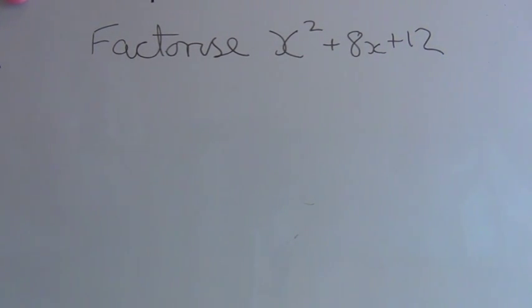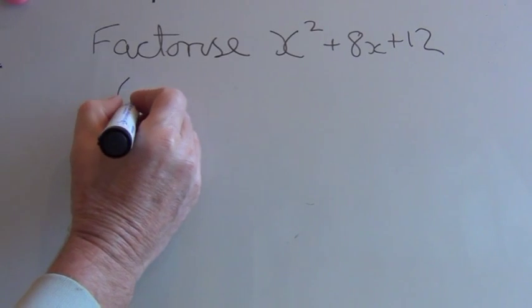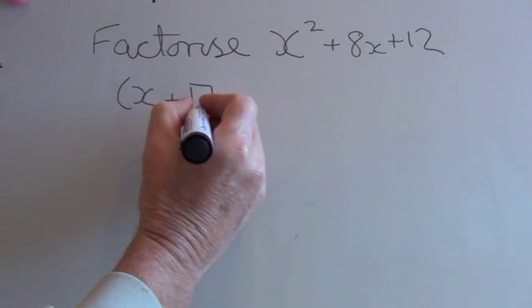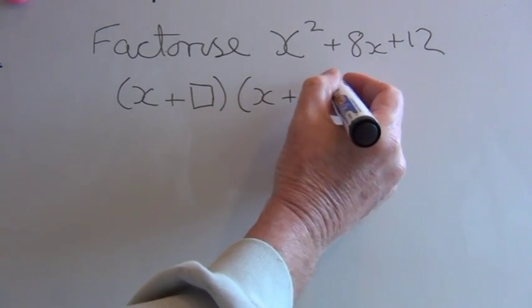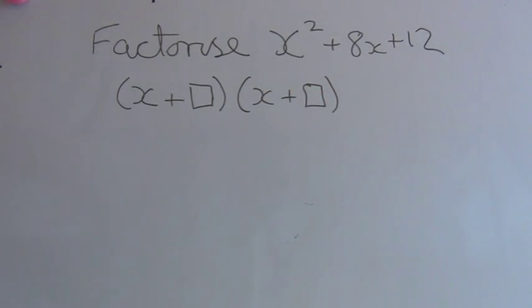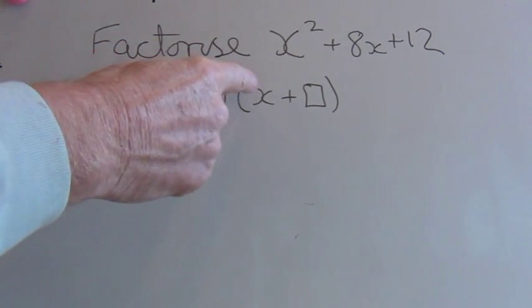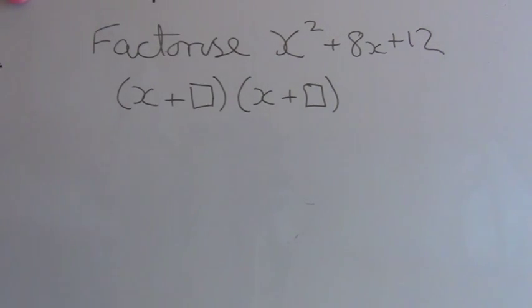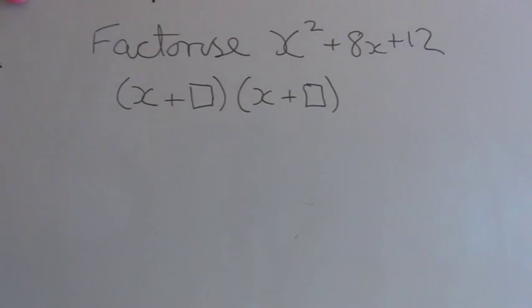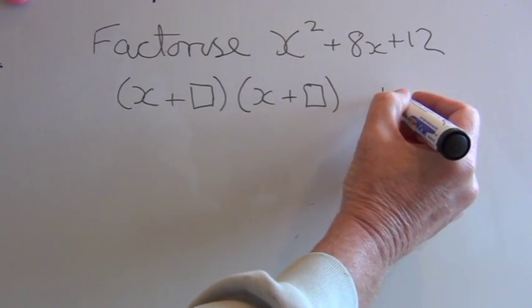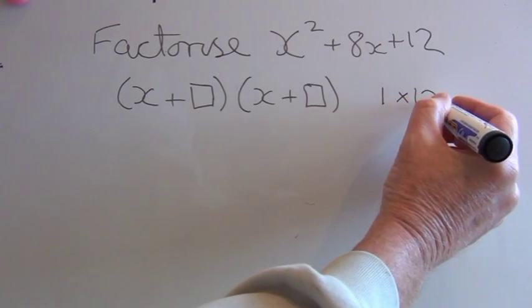Now again, let's consider the product x plus a number times x plus another number. Now just check the coefficient of x again. x times x gives you x squared and the coefficient is 1, so that's fine. Now what we need are two numbers that multiply together to give us 12. So the numbers that we can have are 1 times 12.